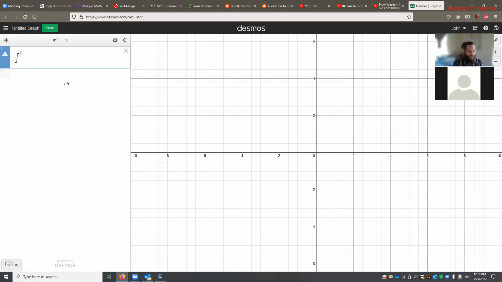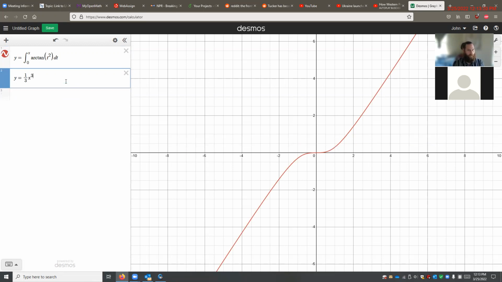Now, Desmos can only do definite integrals, so I have to type it like this. There she is. I'm going to ignore the plus c here, basically just assuming that c is 0. That's because I put a 0 in down here.